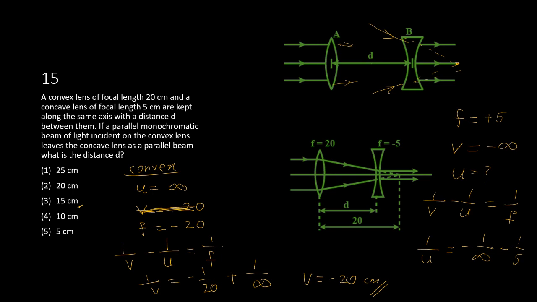So you can write u is equal to negative 5 centimeters. You get the same result as derived by drawing the image. In order for this to happen, d should be equal to 20 minus 5, which is 15 centimeters, right?